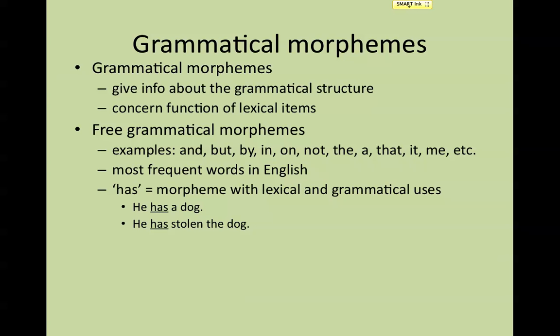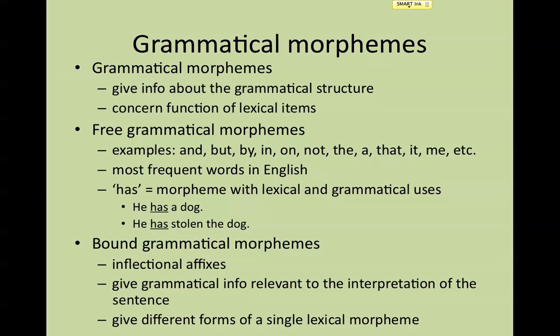But in the second example, 'he has stolen the dog,' it takes on a grammatical use because now it's an auxiliary verb for the past tense. So it doesn't have meaning in and of itself, but it's assisting 'stolen,' and it's playing the role of grammar in making it past tense. So that's a good example of how we could distinguish those two.